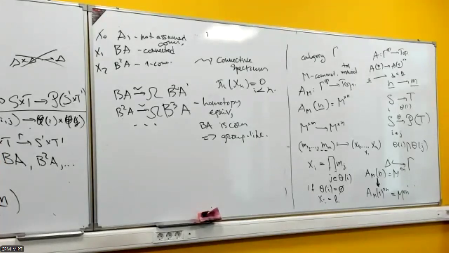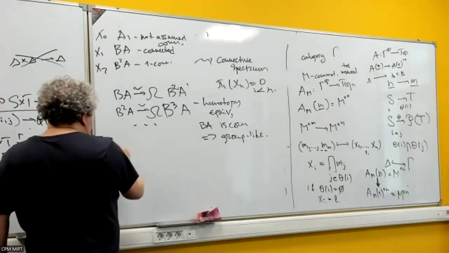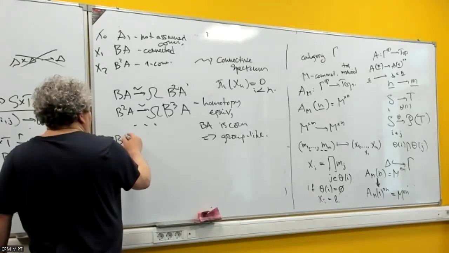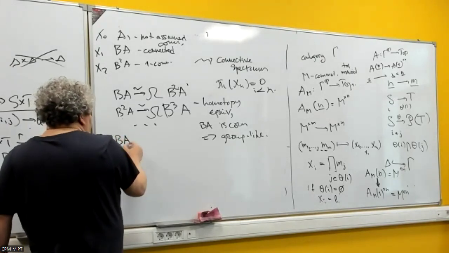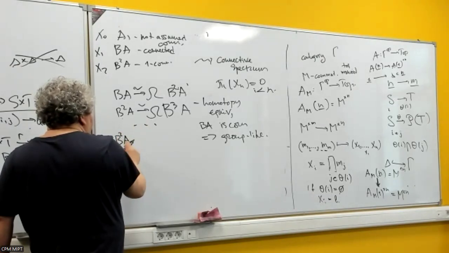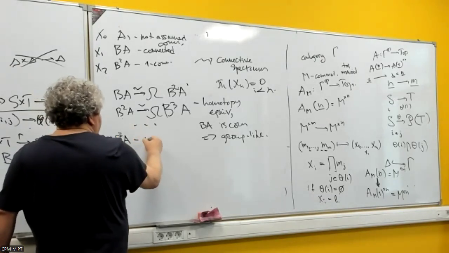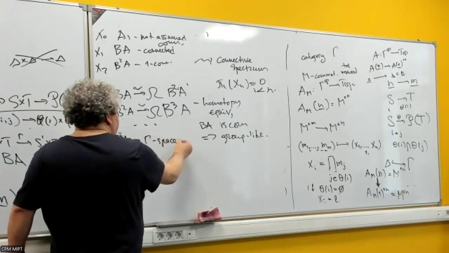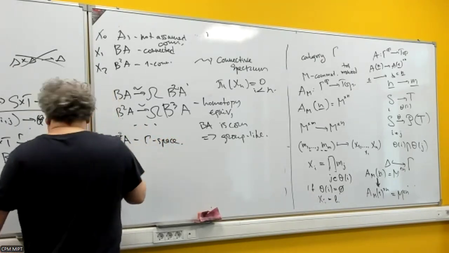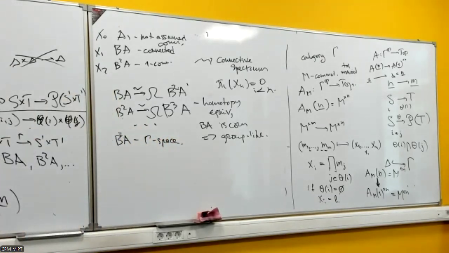How to apply this? Yes, you are right. Maybe I have to be more precise. What I call BA, for example, is what I call B square A. What I call BA is a gamma space, as a gamma space. How do you define it? By m, right?